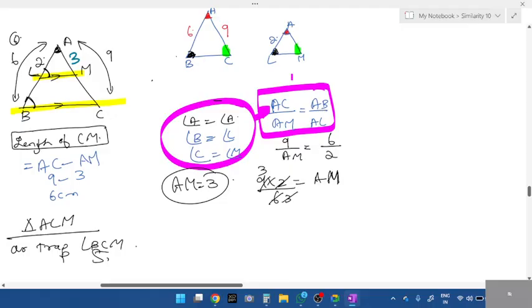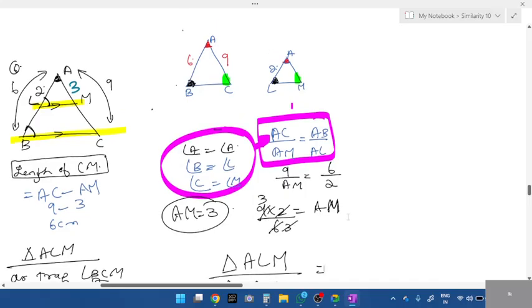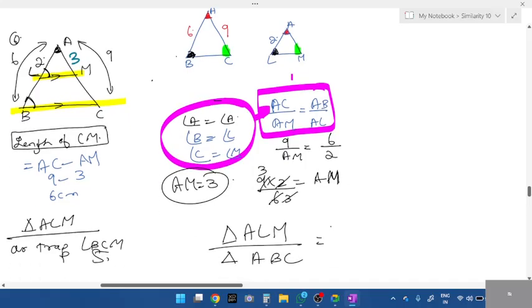Next, let us find the area of triangle ALM, students. Area of ALM divided by area of triangle ABC. What is the triangle ALM value? Take any one side. For AL, shall we take the 2 centimeter? AL divided by this side.